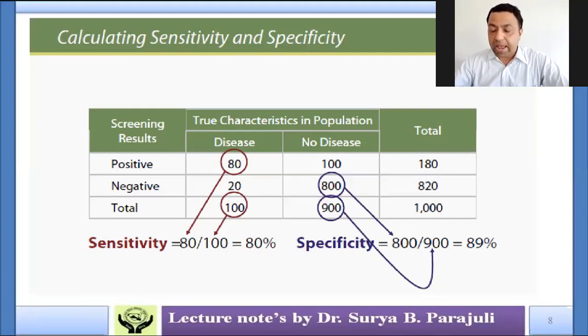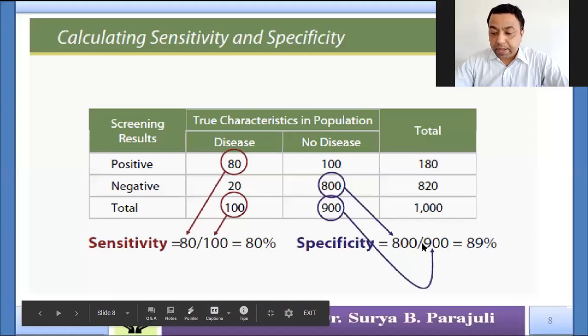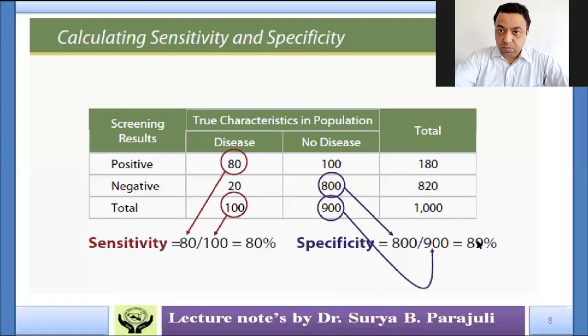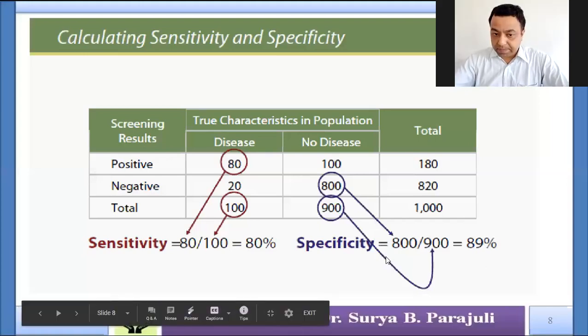That we may have to follow other diagnostic modalities, not only lab-based, but epidemiology-based or clinical-based or history-based. We have to use multiple types of modalities, and this is very important. Okay, and you can see specificity is 89%. It is more specific than sensitive.